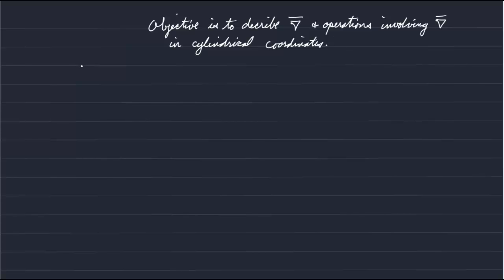And the first bit of information we need to know is how the base vectors relate to each other. It turns out that they're related to each other through a coordinate transformation.